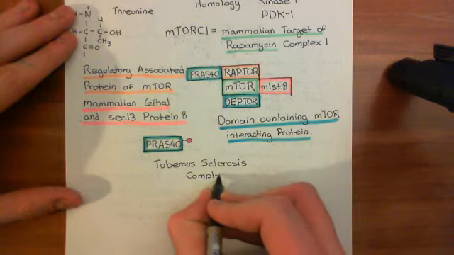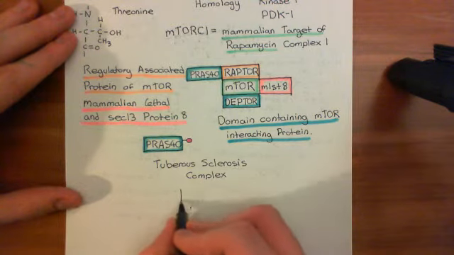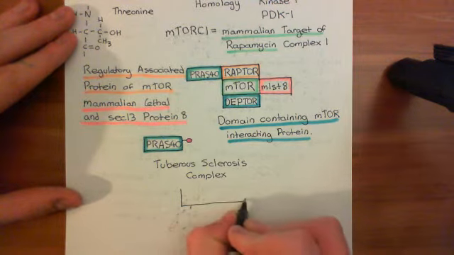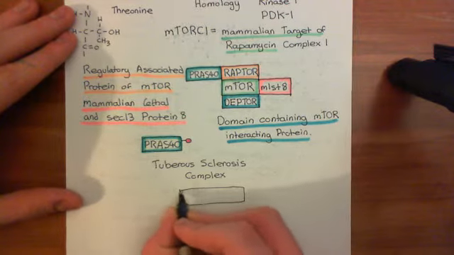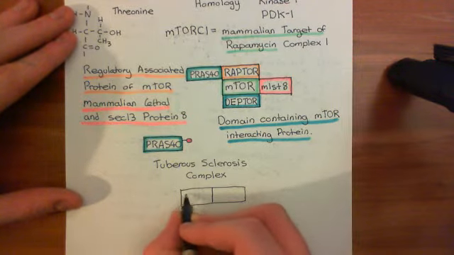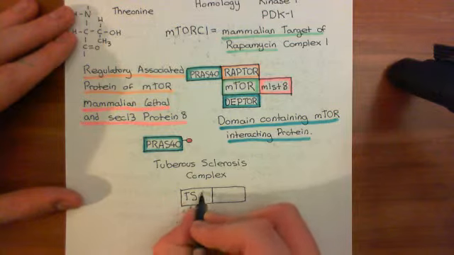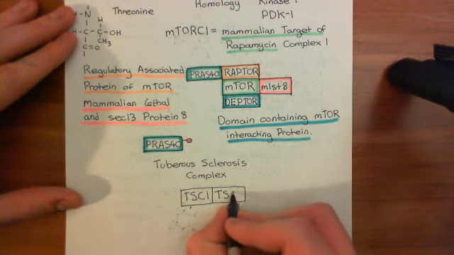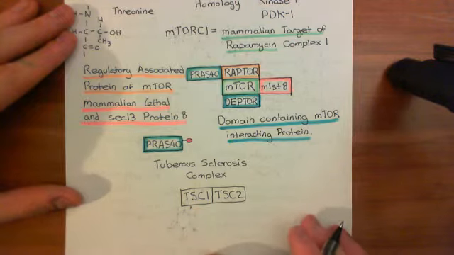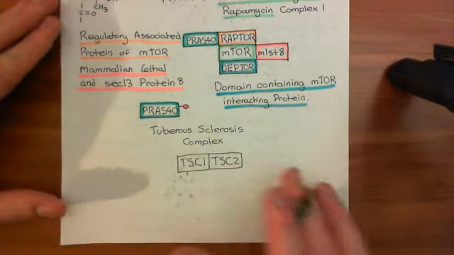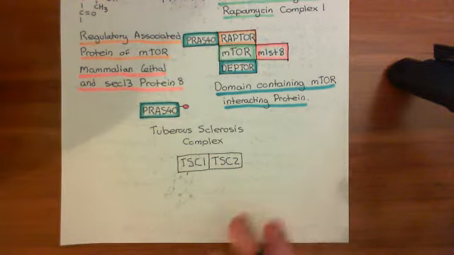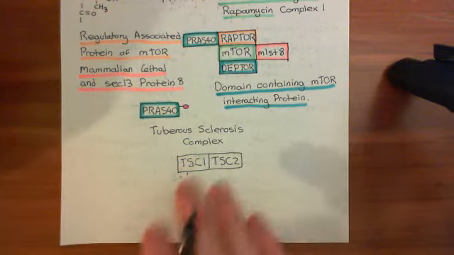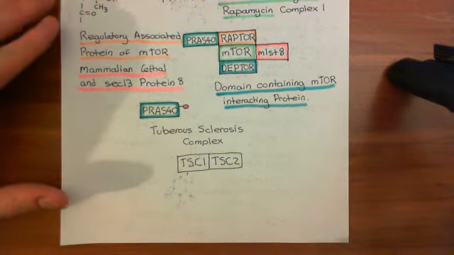Okay, so the tuberous sclerosis complex of proteins consists of two members. So there are two members of this elite little club, and they are the tuberous sclerosis complex protein 1, the TSC1, and the tuberous sclerosis complex 2 protein, the TSC2 protein. Okay, and when together, these two proteins in this complex catalyze a certain reaction.